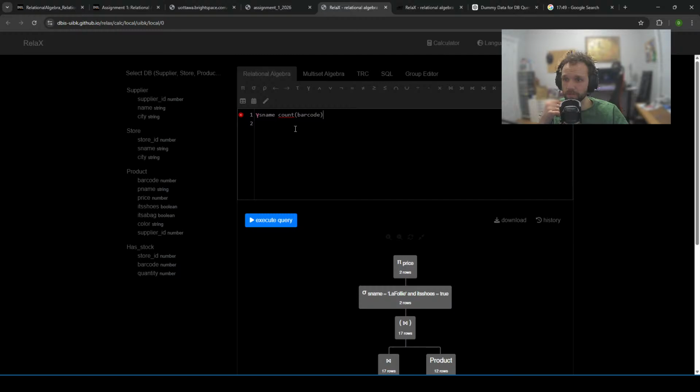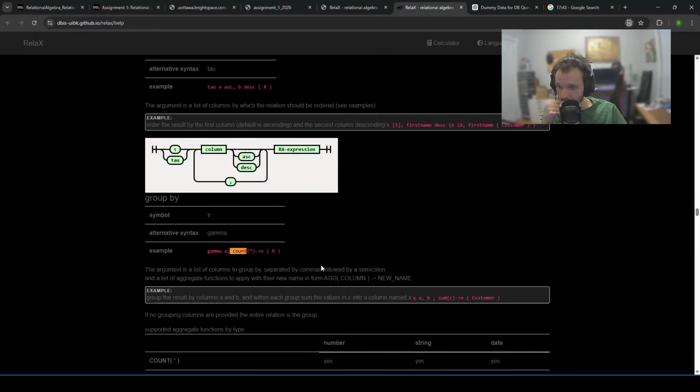Okay, so a semicolon indicates the end of what you're grouping by, and then I can group by barcode, but I still need to separate it by commas followed by a semicolon and a list of aggregate functions to apply with their new name, in the form aggregate column equals new name. So I need to give it a new name.